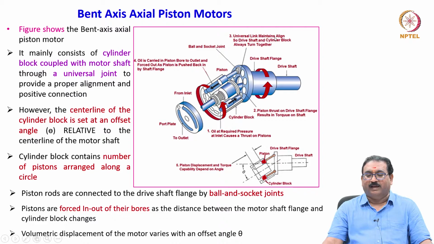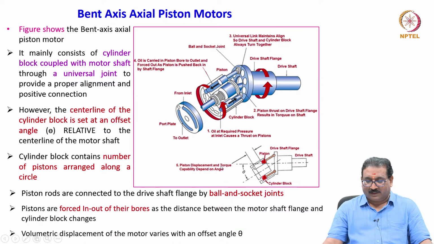The universal link maintains alignment, so the drive shaft and cylinder block always turn together. Here this is the ball and socket joint as I have told you. Oil is carried in a piston bore to the outlet and forced out as the piston is pushed back in by the shaft flange.